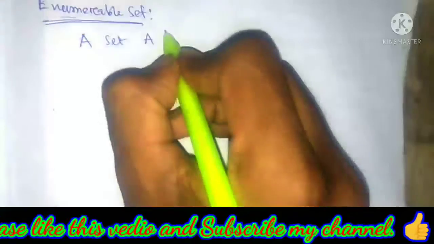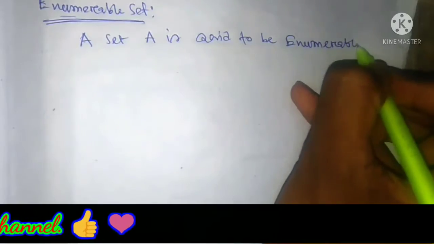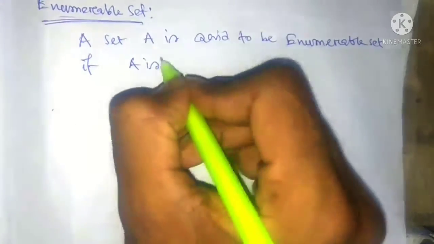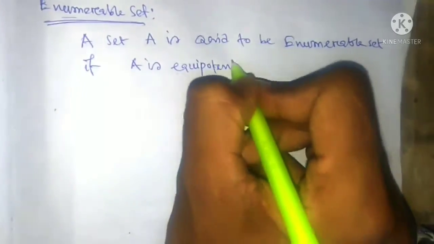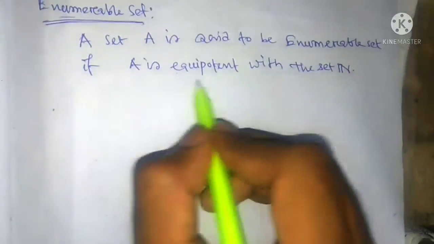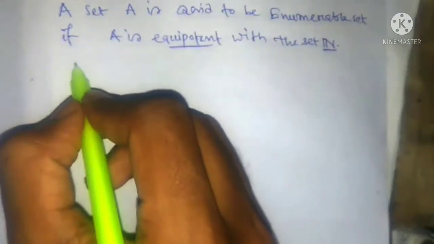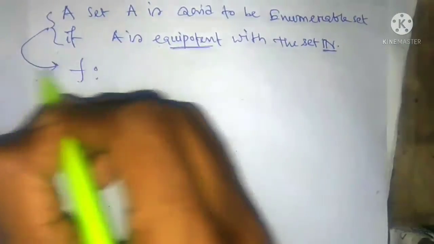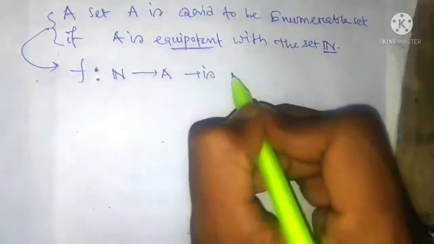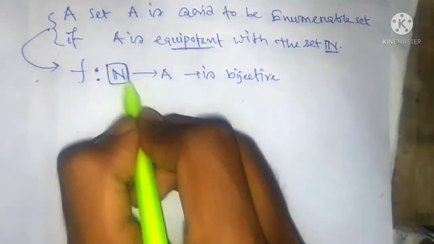A set A is said to be an enumerable set if A is equipotent with the set N. So the set A is equipotent with the set N. That means there exists a mapping from the natural numbers to A that is bijective. Here this is not changeable.